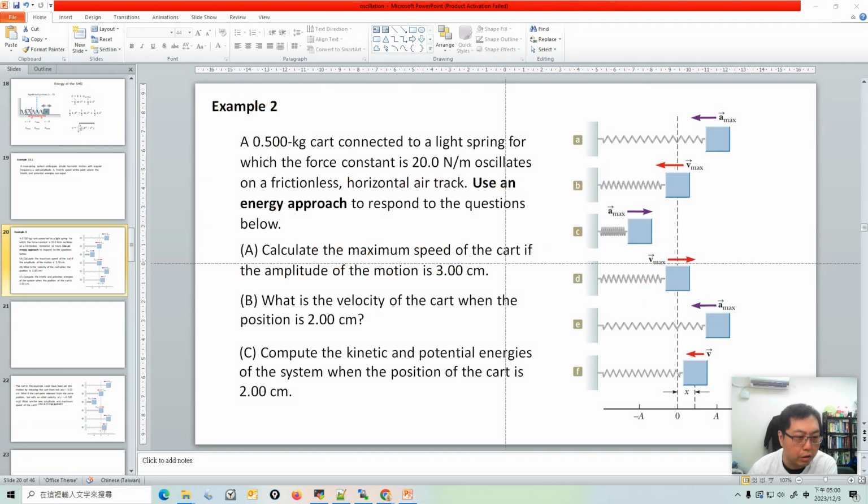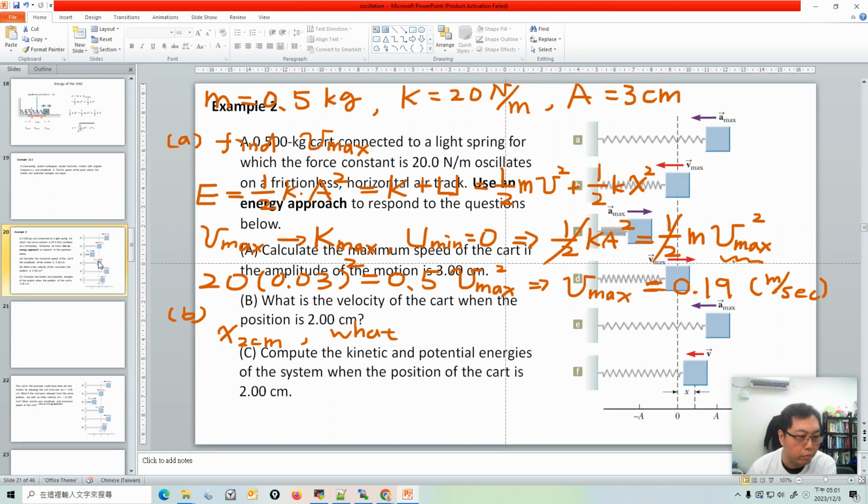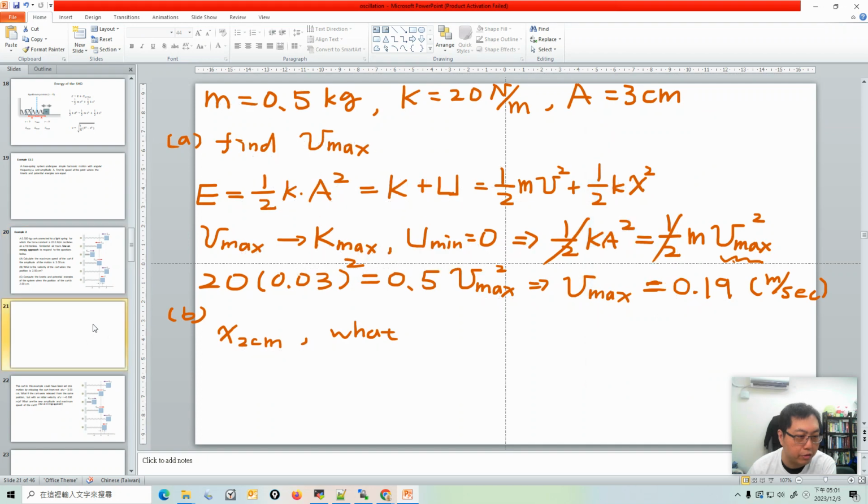What is the velocity of the cart when positioned at 2 centimeters? If x is at 2 centimeters, what is the velocity?